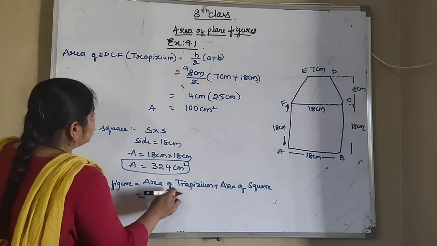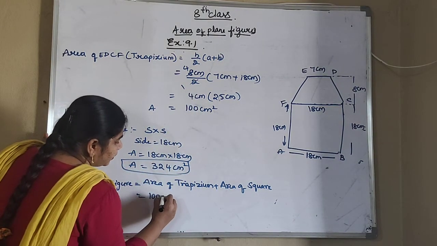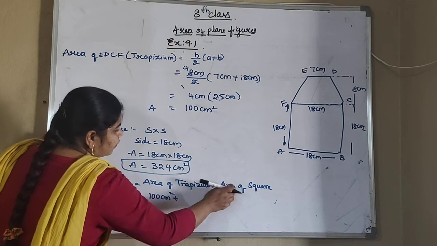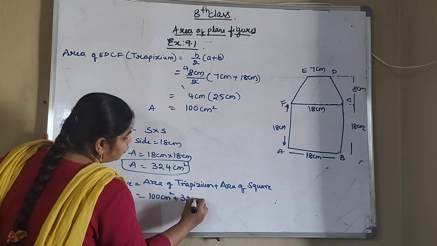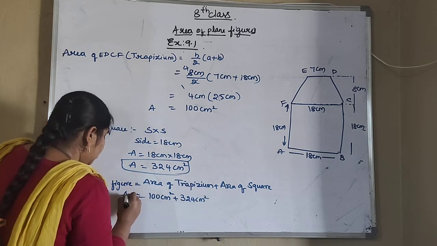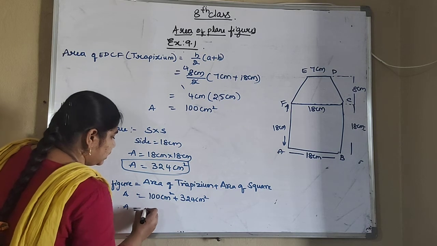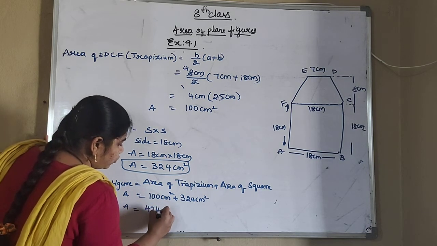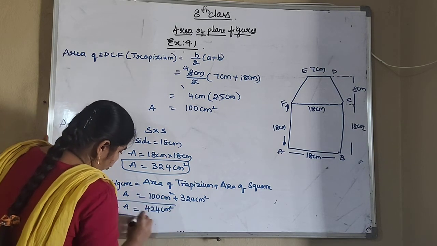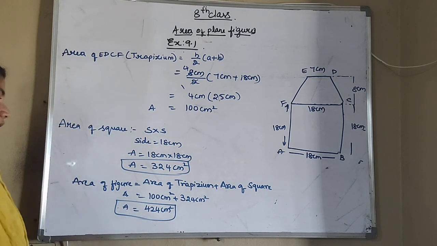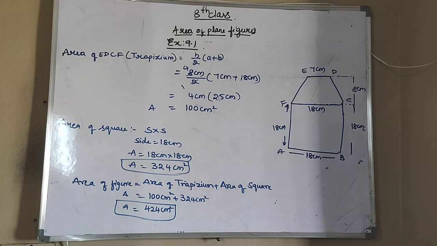So the area of the trapezium you got as 100 centimeters square plus the area of the square you got as 324 centimeters square. If you add these two, how much will it be? That is 424 centimeters square. So you got the area of the total figure as 424 centimeter square.